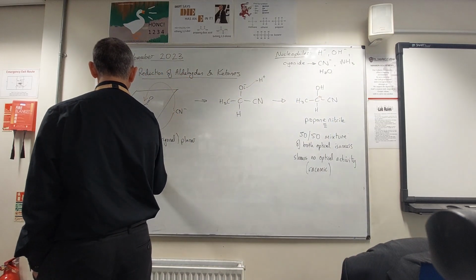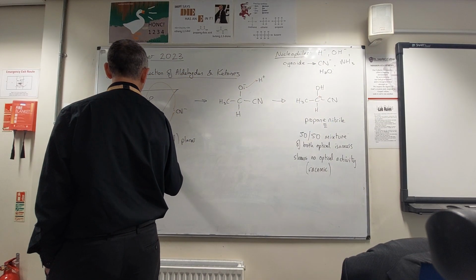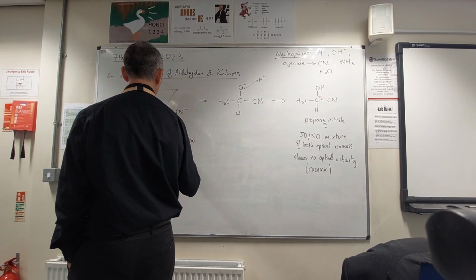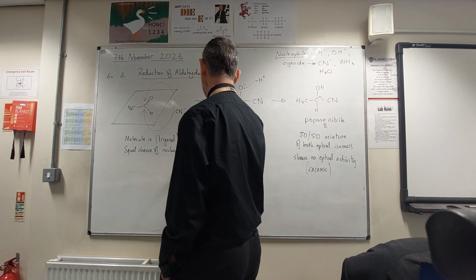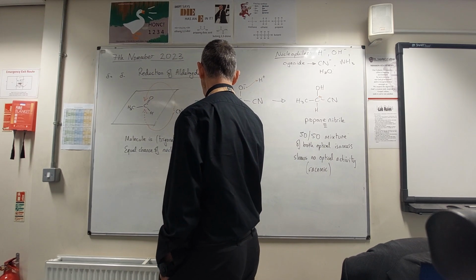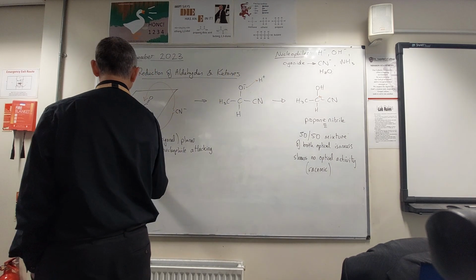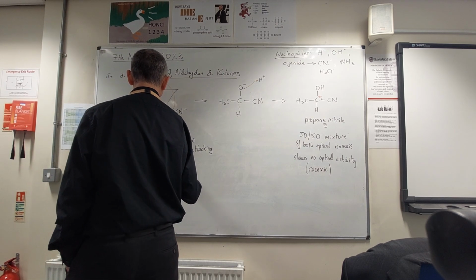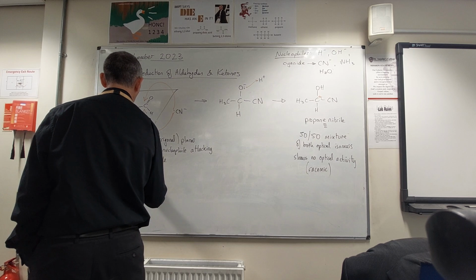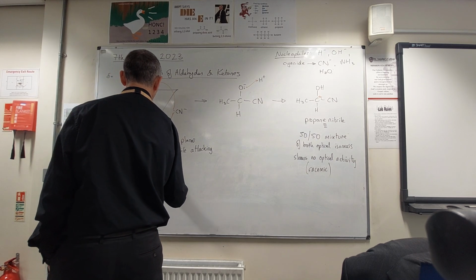So there's equal chance of the nucleophile, I'll call it a nucleophile because it doesn't have to be CN minus, attacking from either side, so we get a 50-50 mixture.